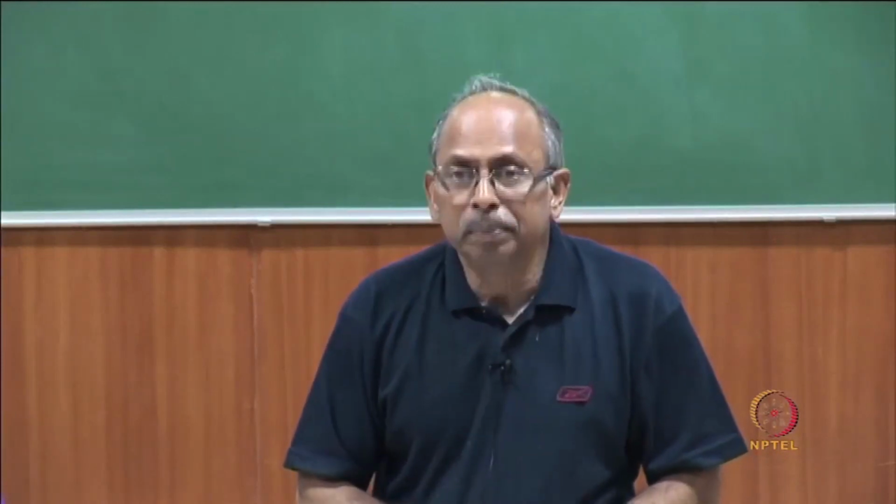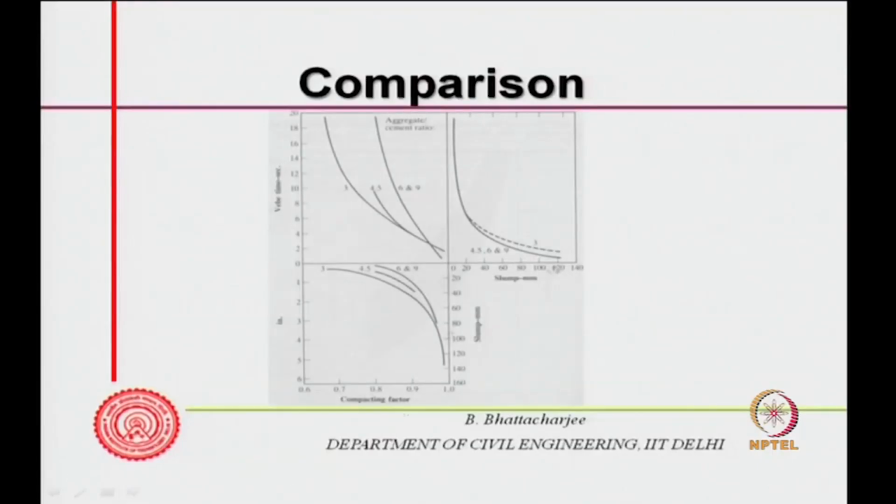All right. If we compare these three tests, we will see that here is the compaction factor, on this side is the VB time, and here is the slump. So, compaction factor varies from about 0.6 to 1, and this side is the slump. When it is going towards 1, a very high compaction factor means slump is also very, very high.